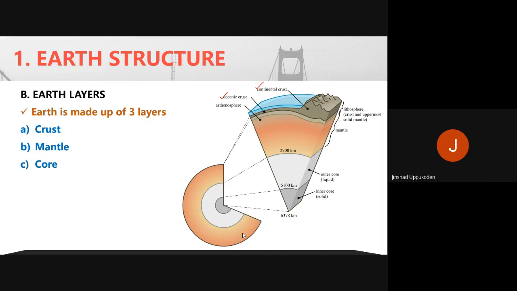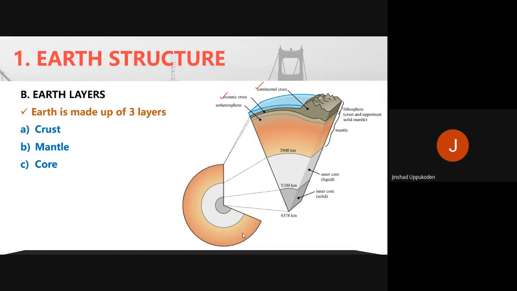Usually, an average of 40 kilometers is the thickness of the continental crust, while the oceanic crust has a thickness of approximately 5 kilometers. The pressure at the surface of the Earth is 1 atm, which means 1 atmosphere pressure, and the density of the materials that constitute the crust may be 1.5 gram per centimeter cube.